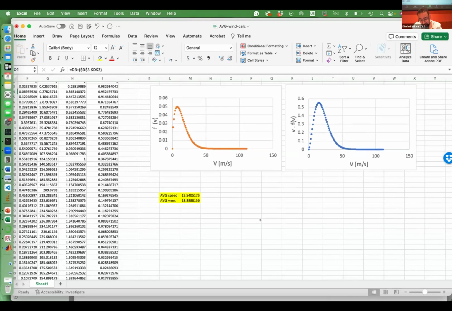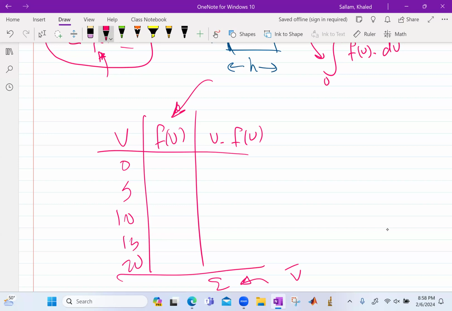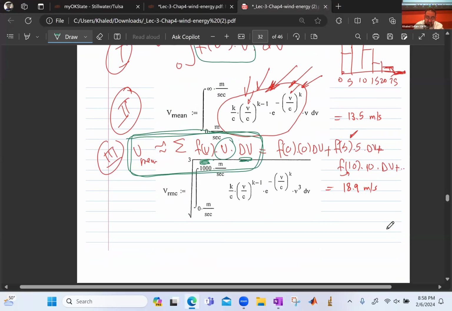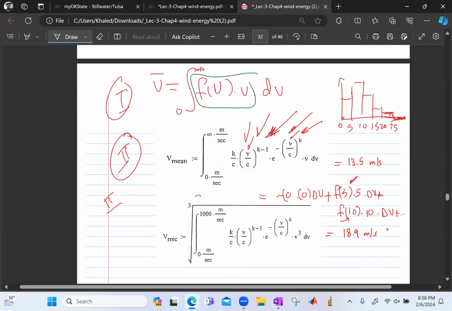I can ask for the average velocity, but even more important, in that homework problem, sorry, in that example, he's not asking for the average velocity, which you get by multiplying v times f of v and integrating.